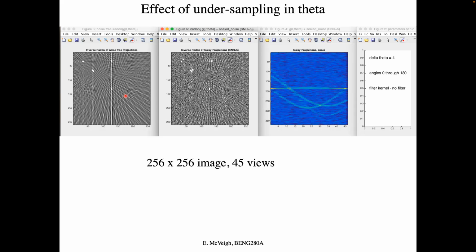We then subsample that space. So I have, say, the equivalent of 1,000 views in that space, but I subsample those views such that I only take 45. I take that subsampled data, do the inverse Radon, assuming that I've only taken those angles, and then this image comes back. It doesn't look anything like the original, right?